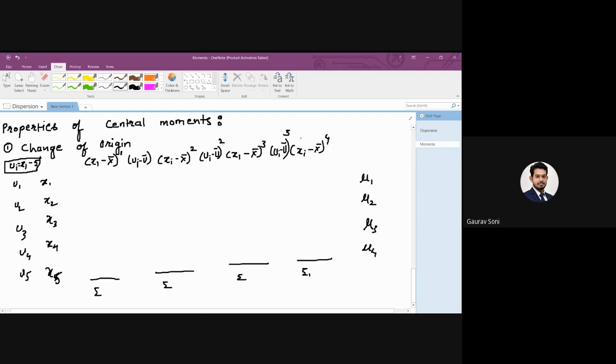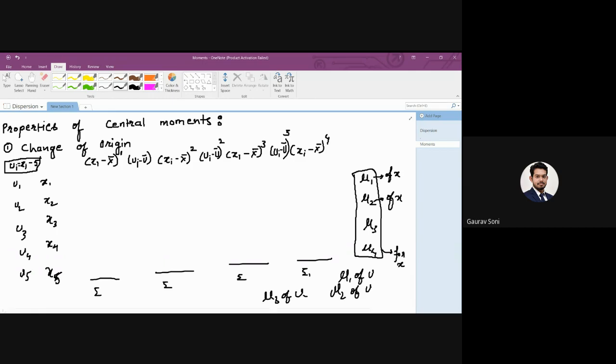So using the ui's, he will get mu1 of u, mu2 of u, similarly mu3 of u. This is mu1 of x, and all these values are for x. What do you think could be the relation between both of them?